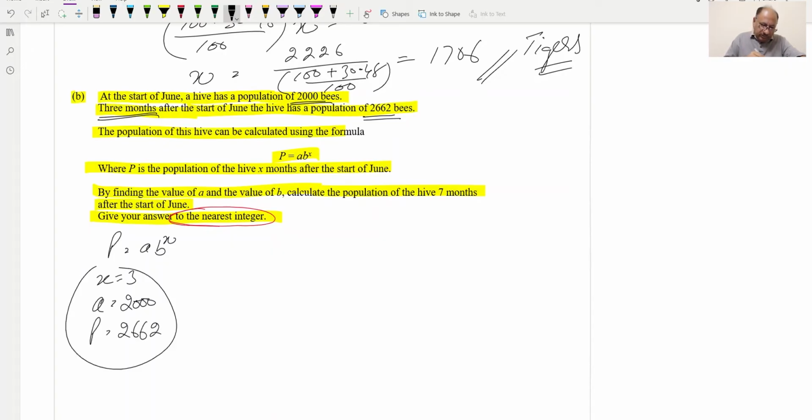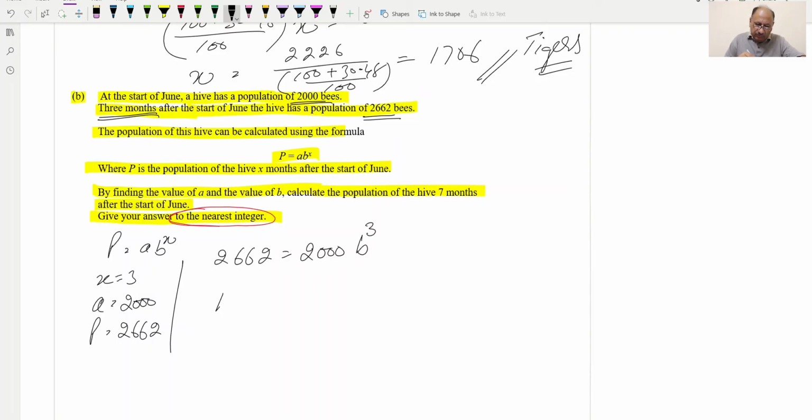So we'll use this data in the given equation, and we can write 2662, which is the P value, is equal to the A value, which is 2000, and B raised to the power x, meaning 3.